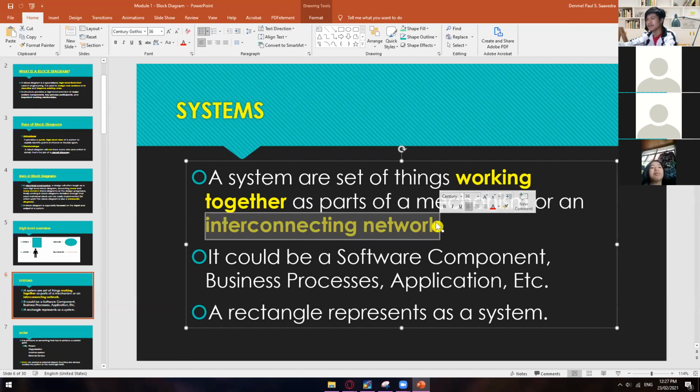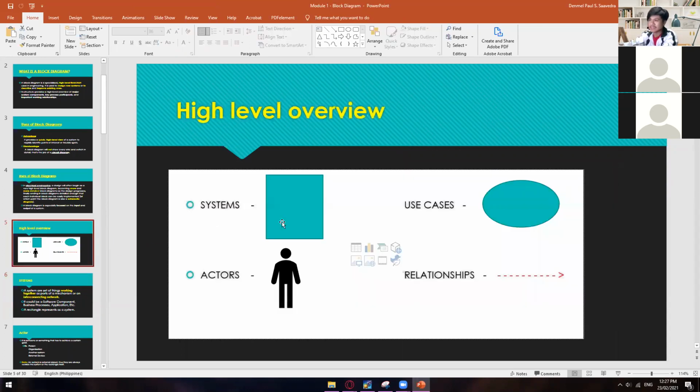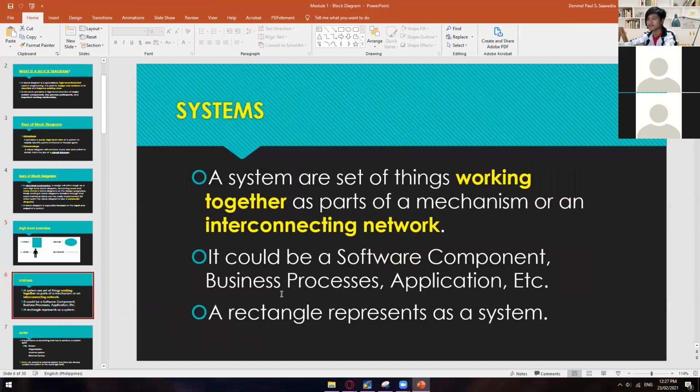They are the ones responsible for how your output will be shown. So let's just say that your system is just a case. It's your protective case, and inside of it you have a lot of components that work as one system.